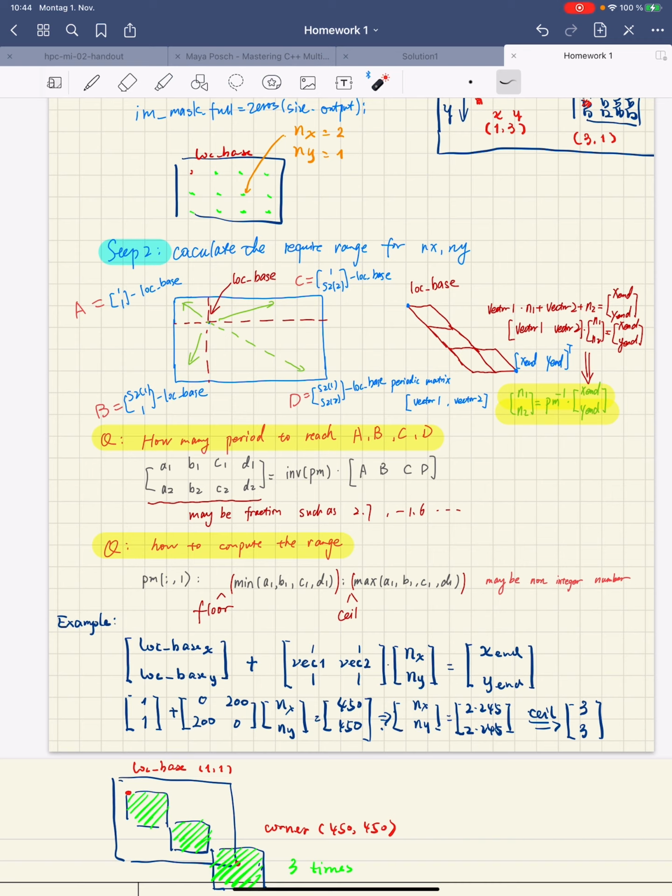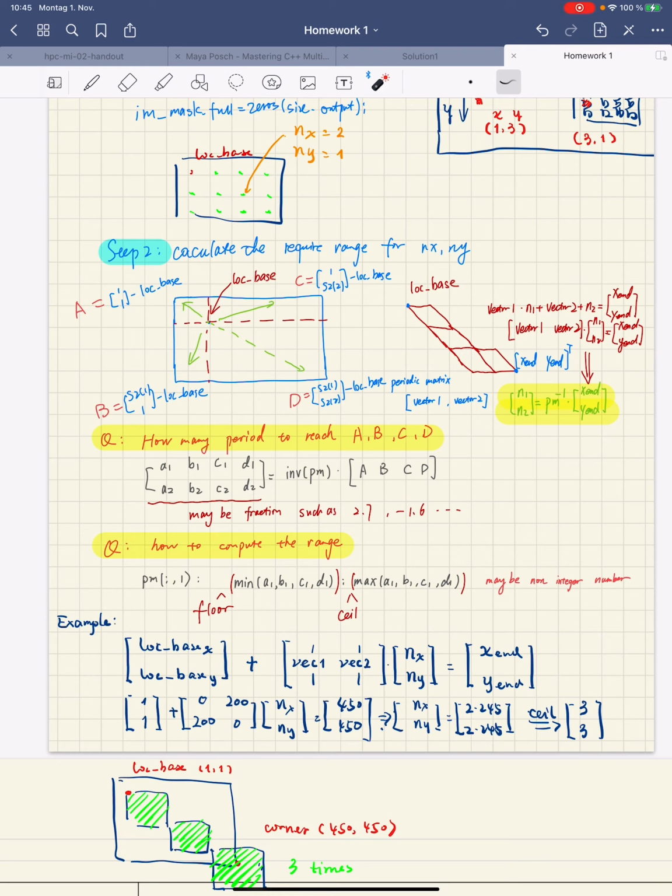So nx decides how many vector 1, and ny decides how many vector 2 we need to reach the point we want. So we want to set this point to one of these corners. Take a look at this, so we can know how big or how small, how negative or how positive this needs to be.